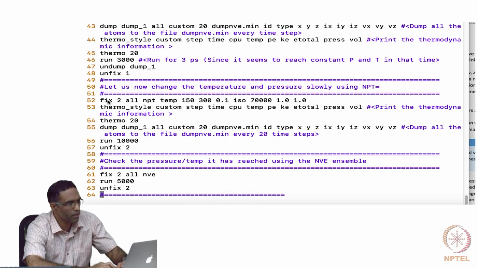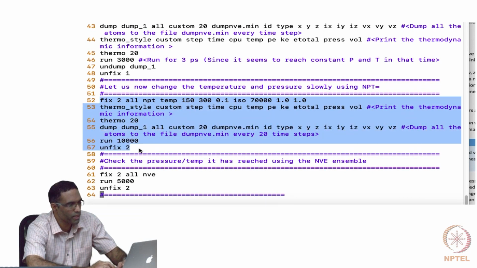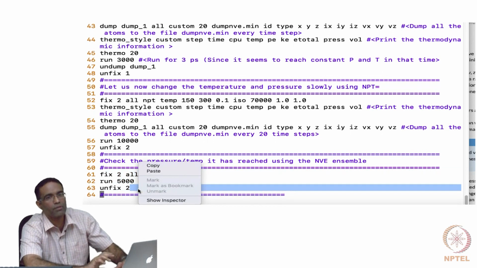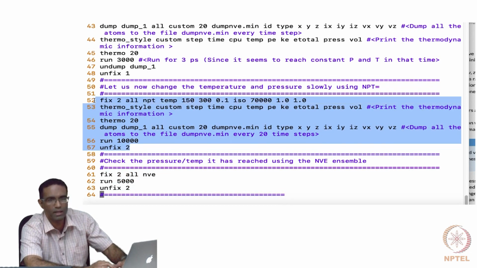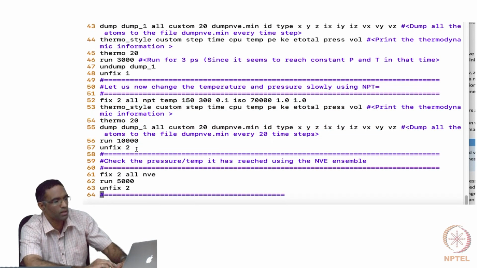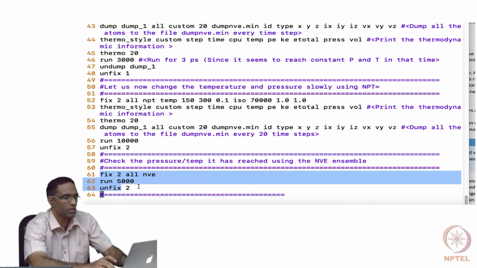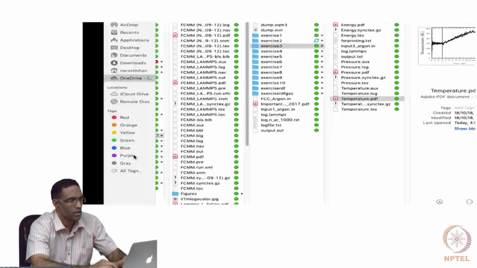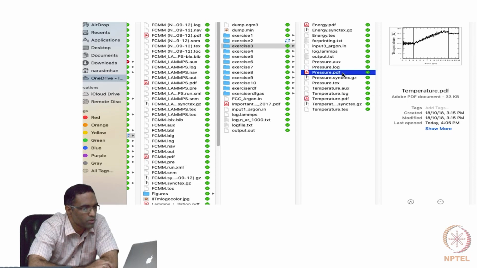So after running this NPT, I stopped it and only then ran the NV. A good way to check if your system has reached equilibrium is, after performing the NPT or NVT, whatever you want, to stop that fix by doing this unfix command and check all the parameters if they have reached the value that you requested. I don't know what the pressure value reaches. So the pressure value is this.